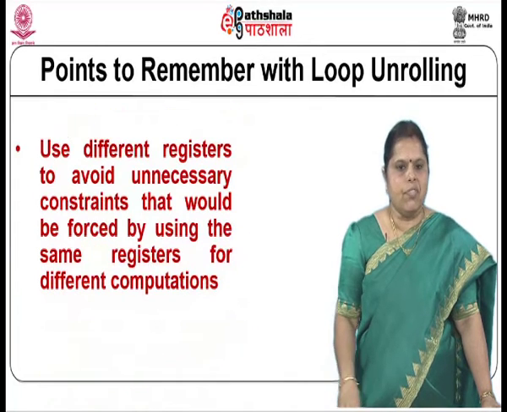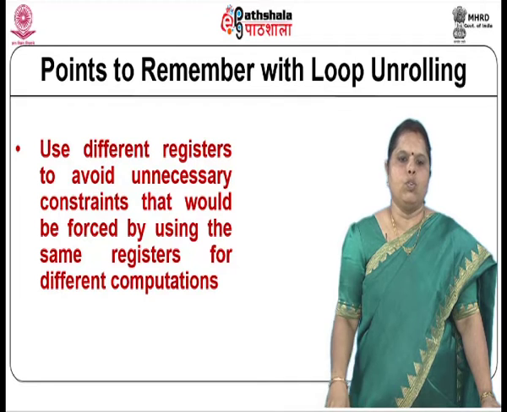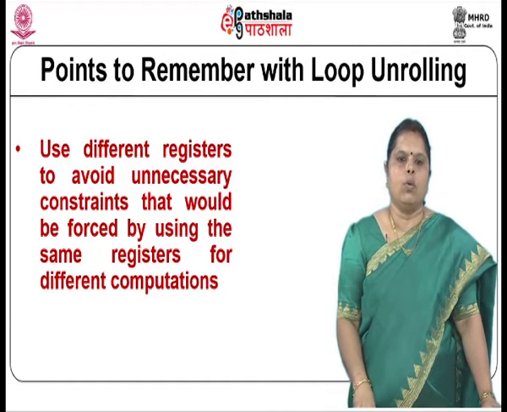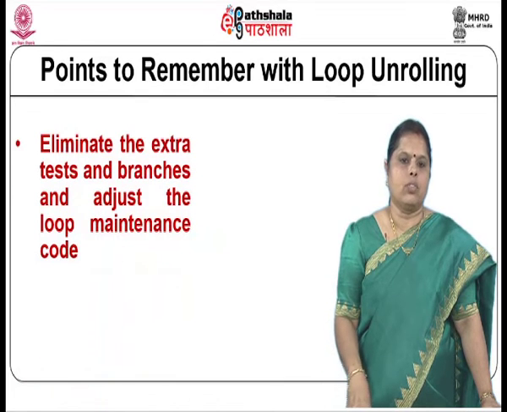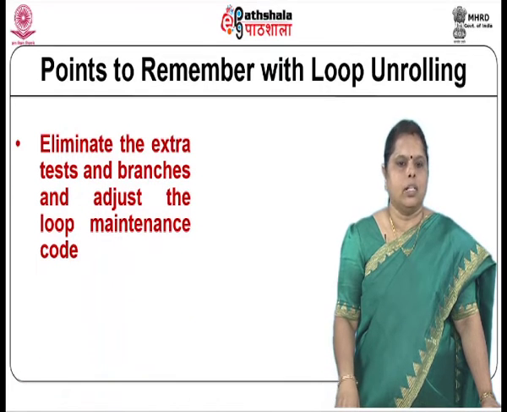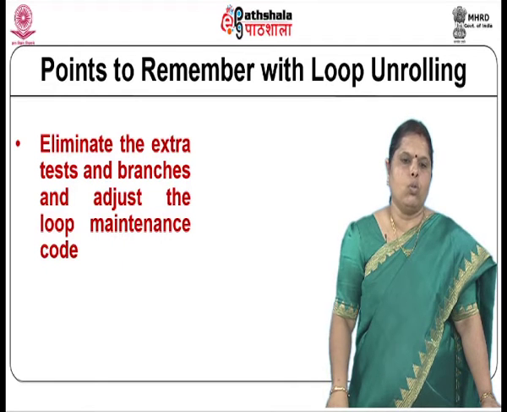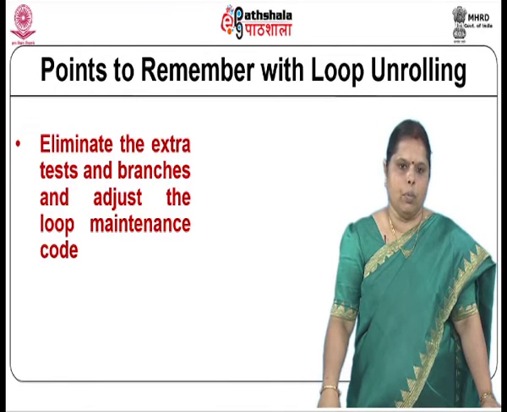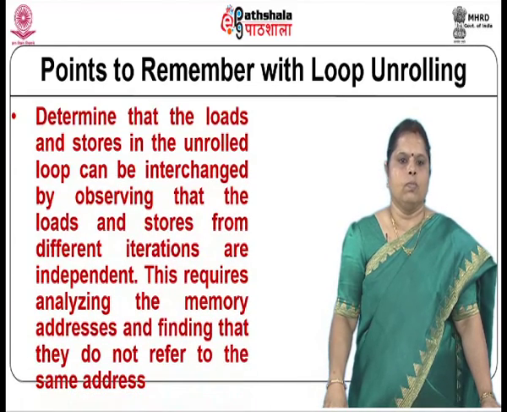And use different registers to avoid unnecessary constraints that would be forced by using the same registers for different computations. Obviously, you will have to avoid all the name dependencies and eliminate the extra tests and branches and adjust the loop maintenance code accordingly. Remember that because we unrolled the loop 4 times, 3 iterations of the loop did not have any loop maintenance code, only the last iteration had the loop maintenance code.